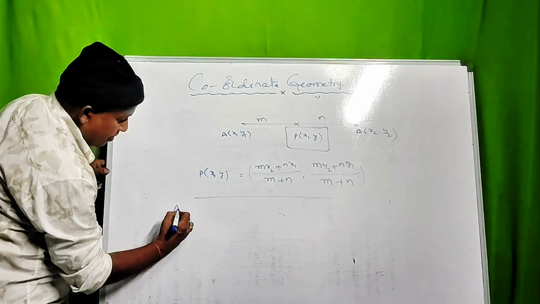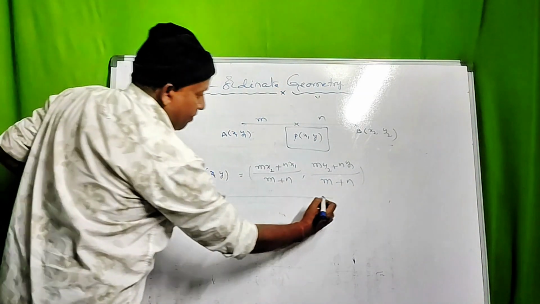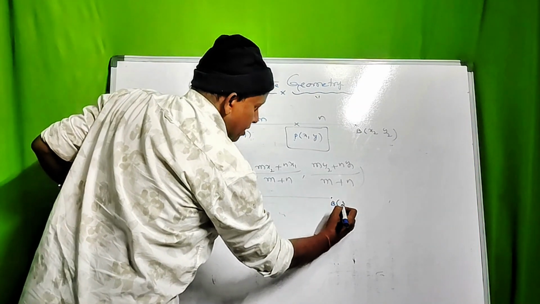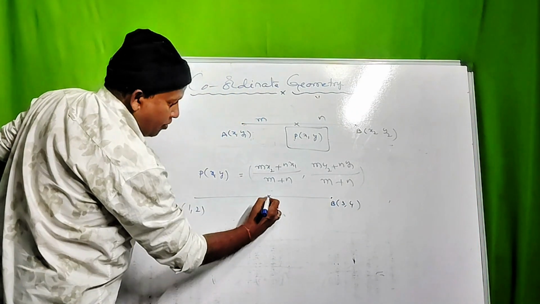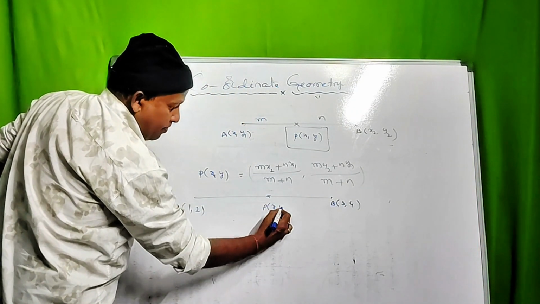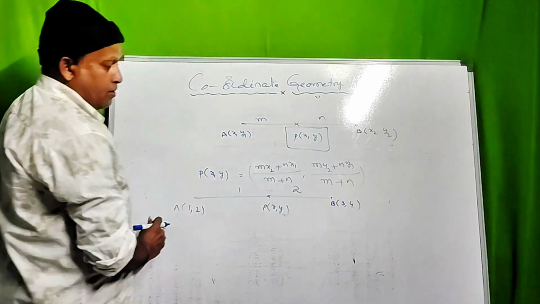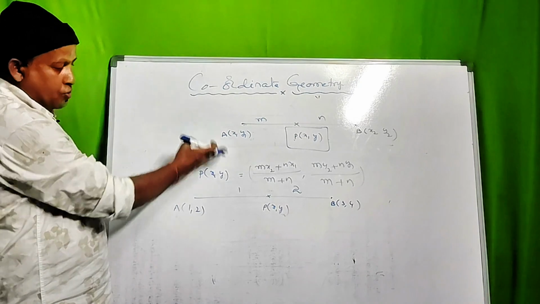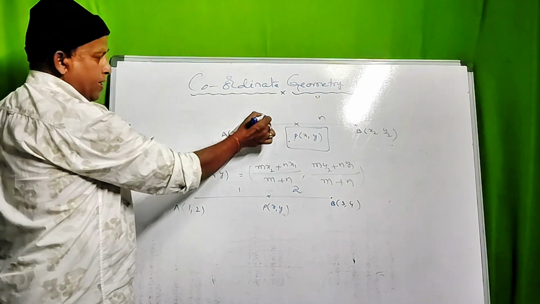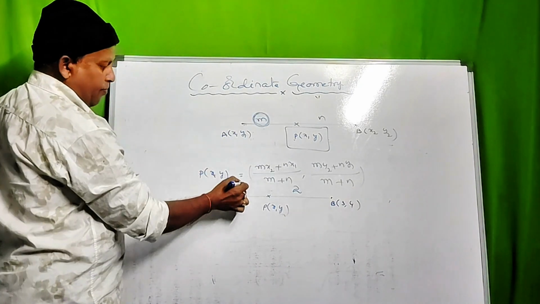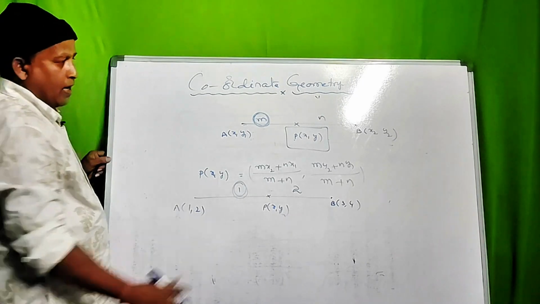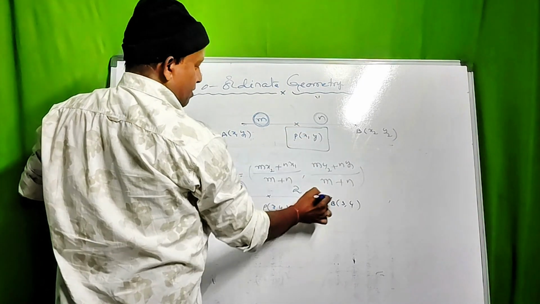For example, A is (1, 2) and B is (3, 4). Now we have to find out the point P (x, y), which divides in the ratio 1 is to 2. So please compare these two. It is very clear that in place of m, 1 is there, and in place of n, 2 is there.